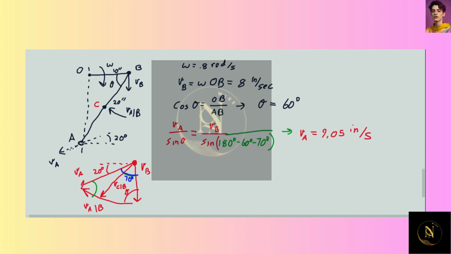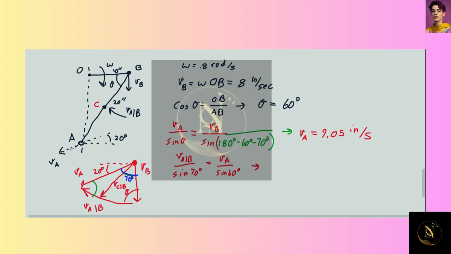Next, we can do the same kind of thing to help us find the velocity of A with respect to B. So we take the velocity of A with respect to B over the sine of that 70 degrees, and that equals the velocity of A over the sine of theta, which was 60 degrees.